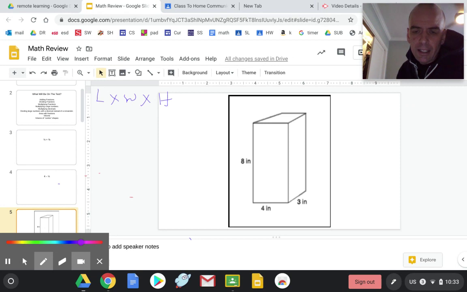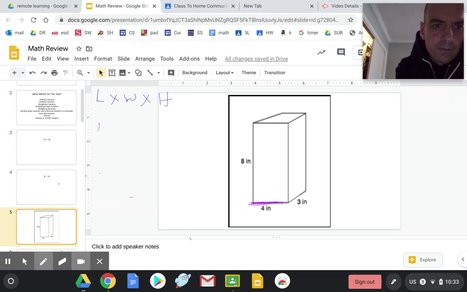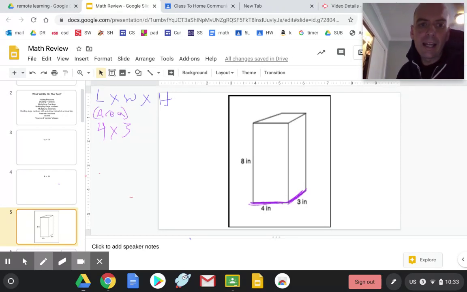So if we look at this, our length here is 4. Our width is 3, so that would normally be the area, right? But then we're adding the 3rd dimension, which is height.